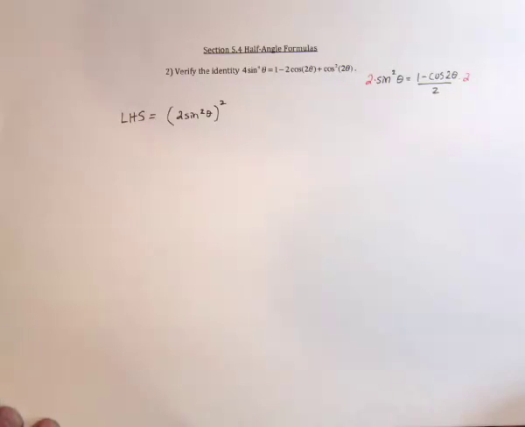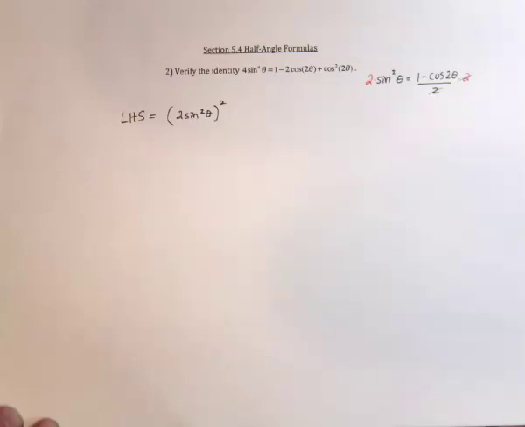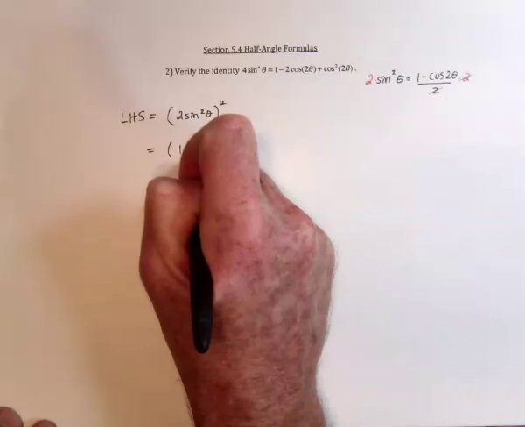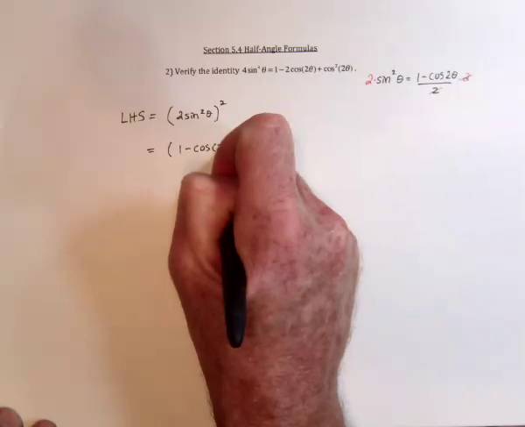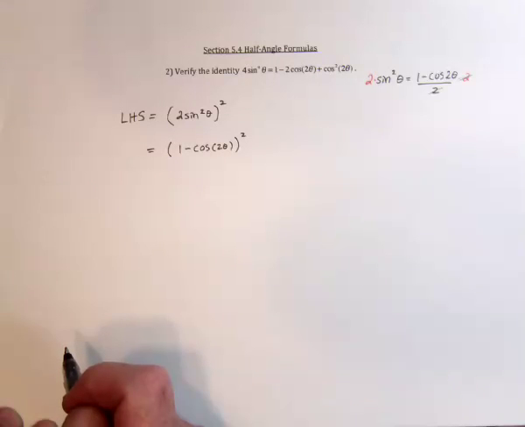Now use this identity, and the 2's here can cancel. So it's 1 minus cosine of 2 theta, which needs to be squared.